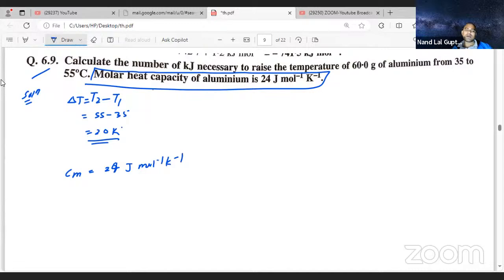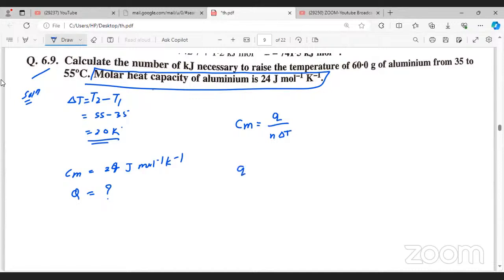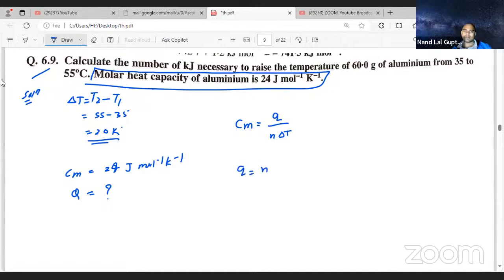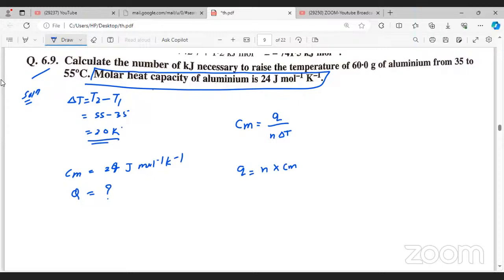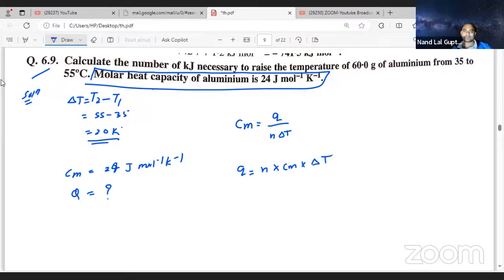Okay, this one. Now, another thing they are asking: calculate the number of kilojoule, means heat necessary to raise the temperature, means Q they are asking. So what formula will you use? Cm is equal to Q upon n delta T. So Q is equal to n into Cm into delta T. n is the given mass upon molar mass.